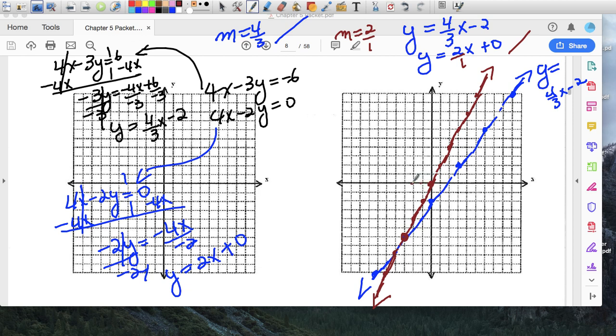So that'd be 1, 2, 3, negative 3, and 1, 2, 3, 4, 5, 6, and negative 6 going down. So the point of intersection, this point right here, is (-3, -6).